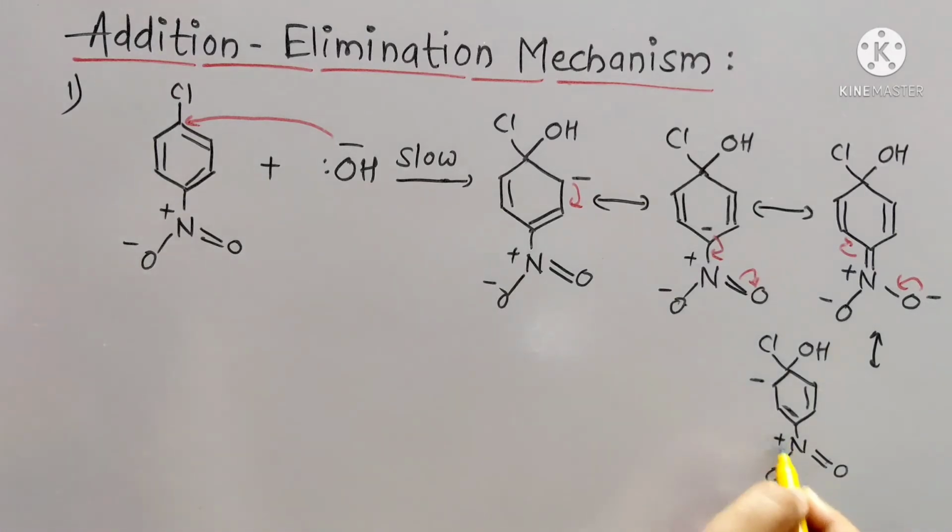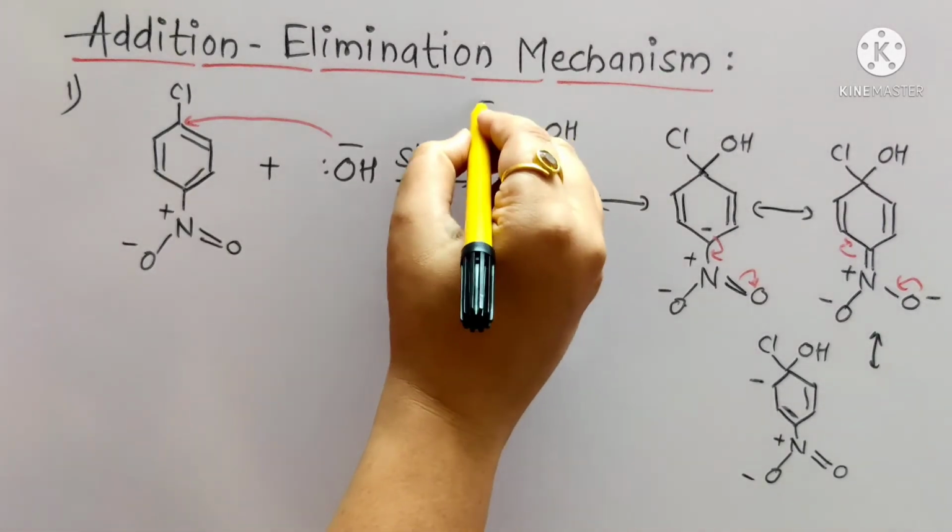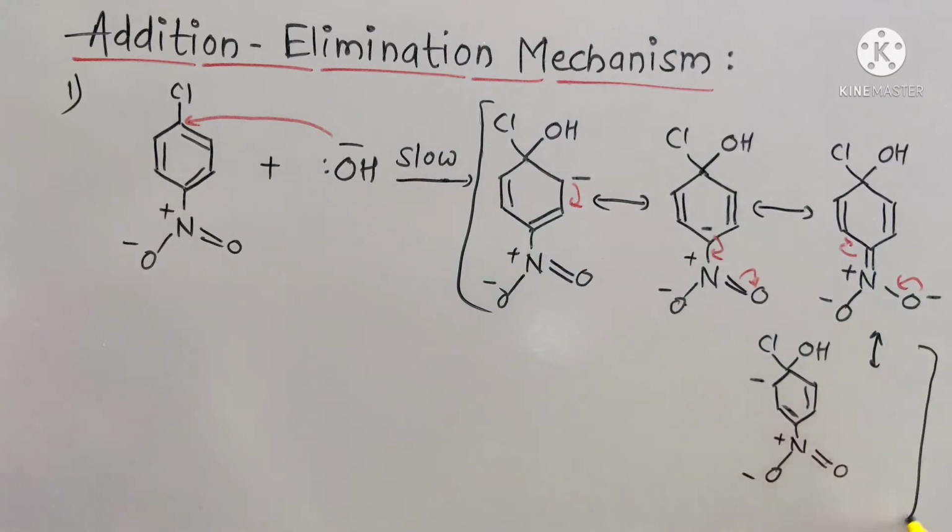Once again, nitrogen positive, oxygen negative. So these are the 4 resonating structures for chloronitrobenzene by the attack of the nucleophile.